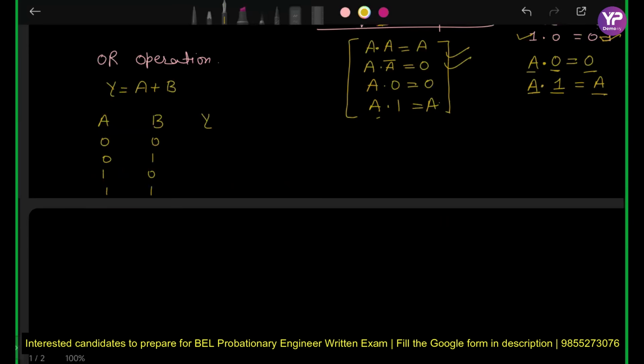So OR operation means if any one of the inputs is 1, output will be 1. So it will be 0, then 1, then 1, then 1. So this is the truth table of the OR operation, right?